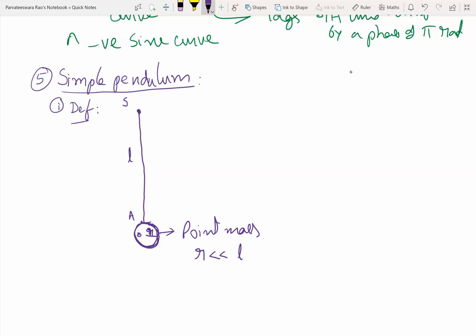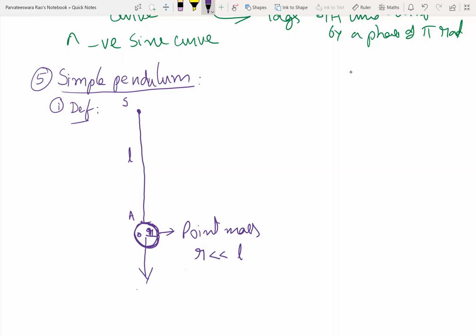The radius may be in the order of 0.6 centimeters, while the length of the thread will be around 40, 50, 60 centimeters. So the radius of the bob is very much less than the length of the thread by which it is suspended. Hence, we call it a point mass. That is the reason for calling it a point mass, okay?